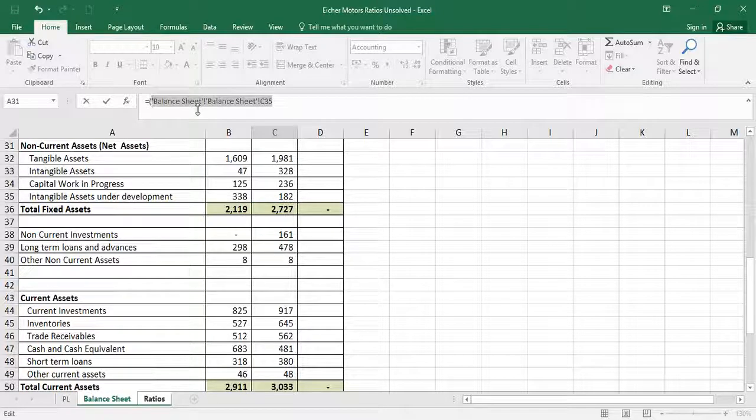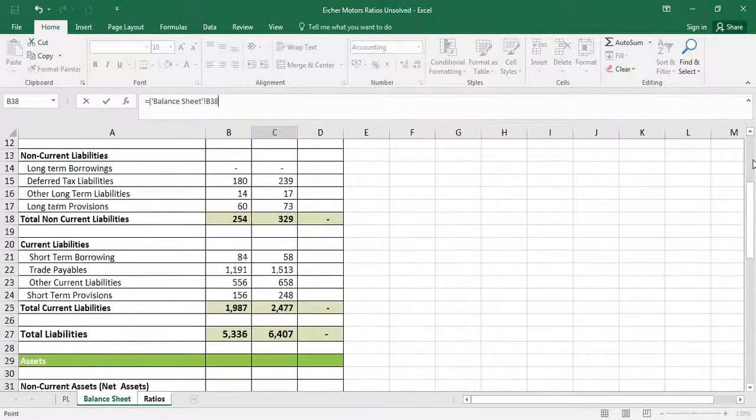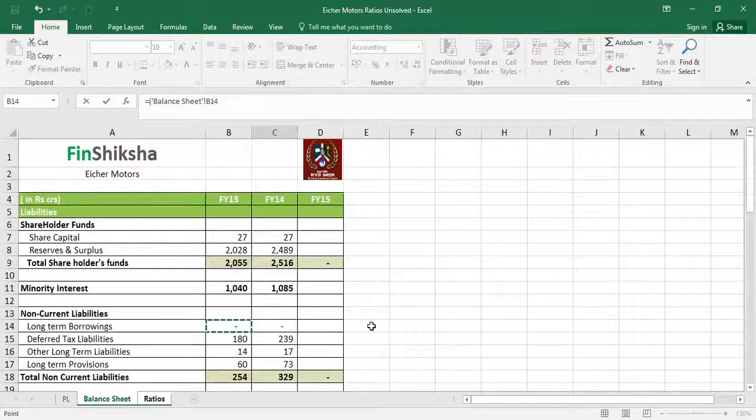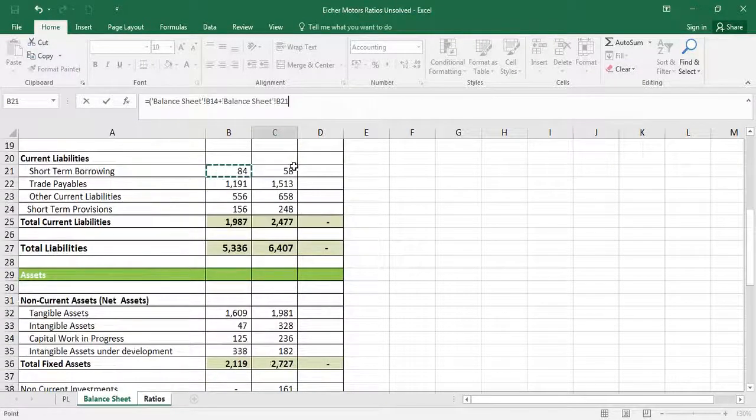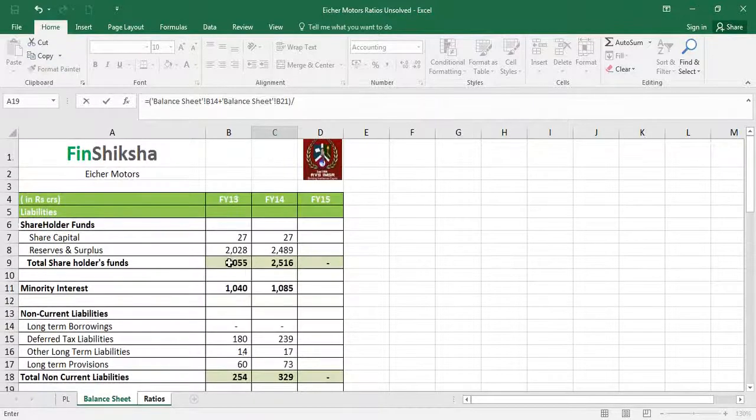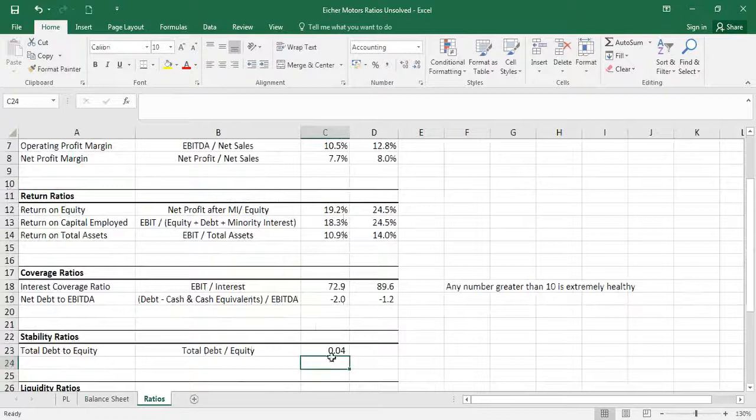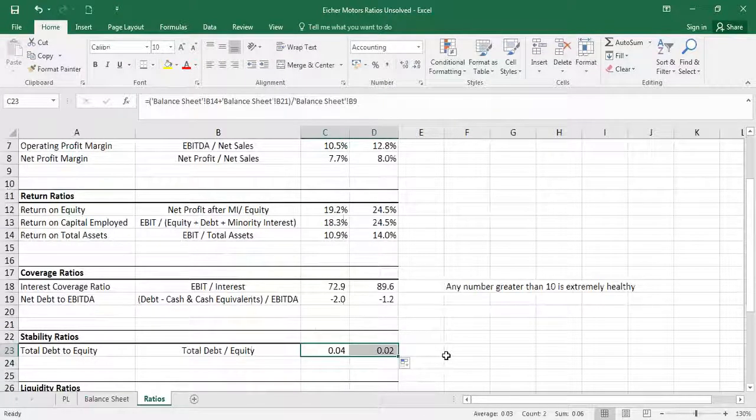and let's delete this and select the debt numbers. So this is the debt number plus, what is the debt number? Short-term borrowing divided by the equity number, which is here. Now again, as a rule of thumb, anything above 1 is where you start getting a little bit cautious, but they don't really have any debt.